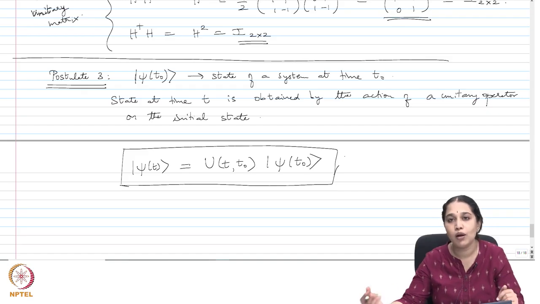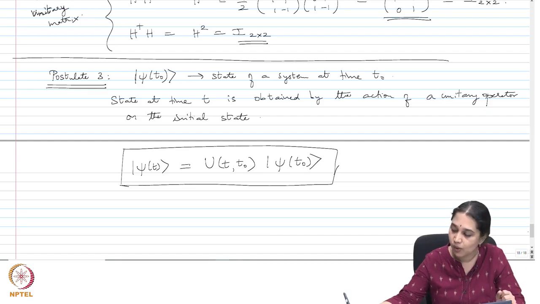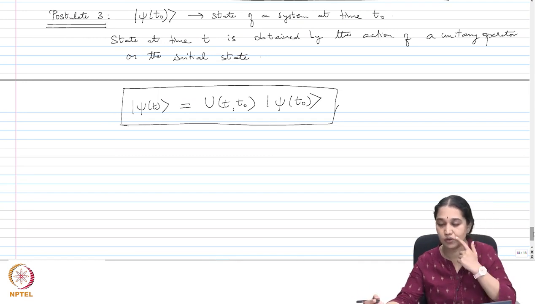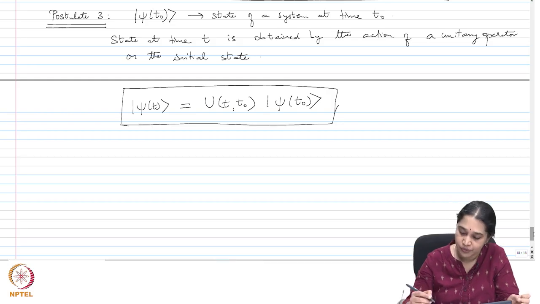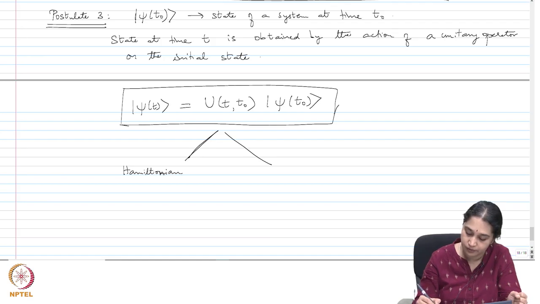Quantum states evolve with time according to a unitary transformation. So why are unitary transformations important? One can understand this at various levels, so one can give two explanations for this. The time evolution postulate works via a certain Hermitian operator called the Hamiltonian. This is a term that many of you might have heard.